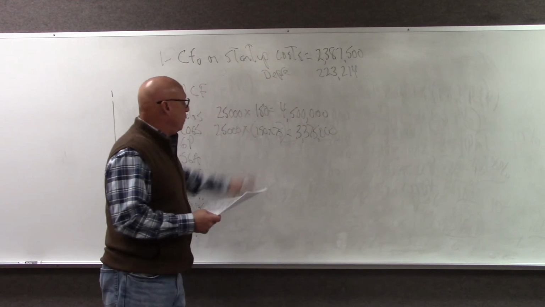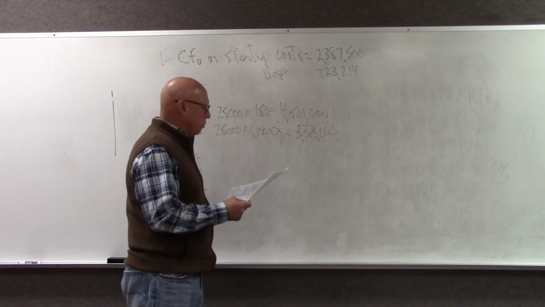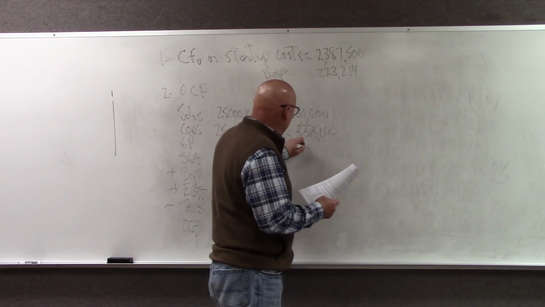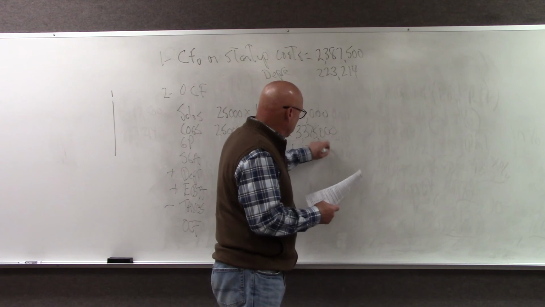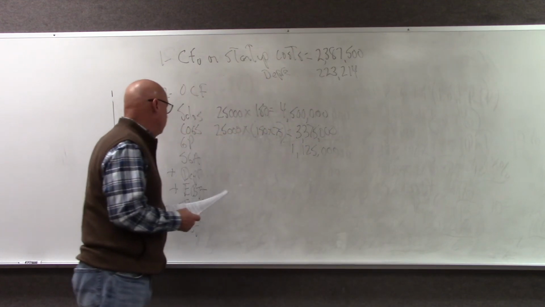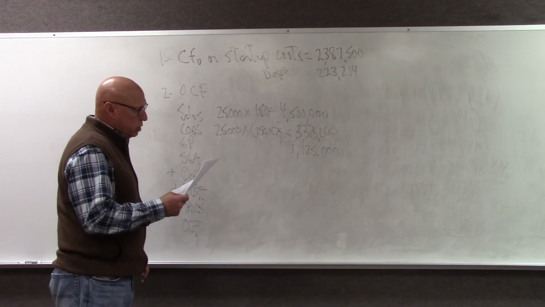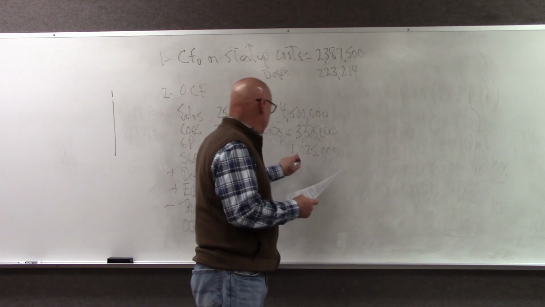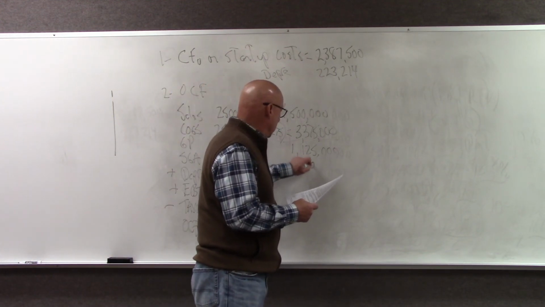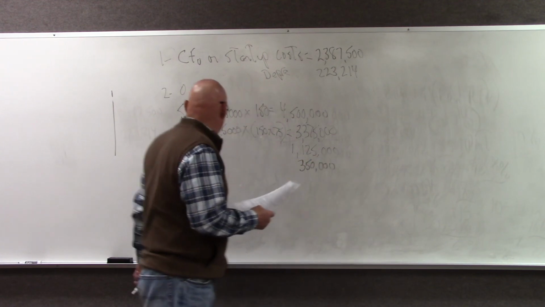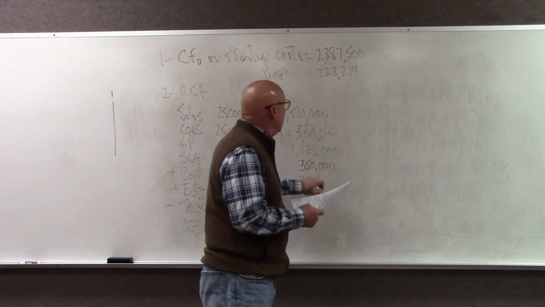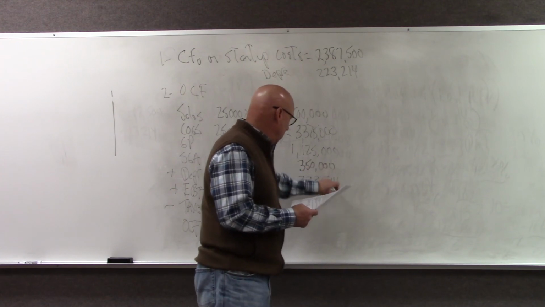So our gross profit is 4.5 million minus 3.375 million, which is $1,125,000. Okay? It says in here that our SG&A is $350,000 per year. And we know that our depreciation is 223,214.